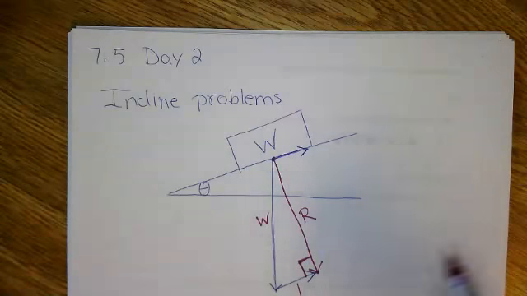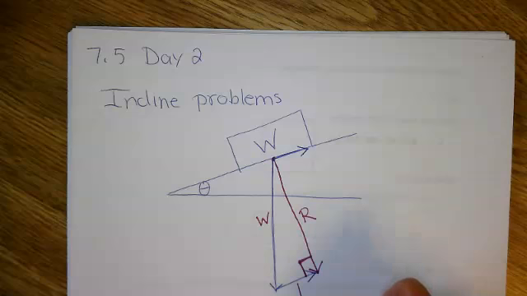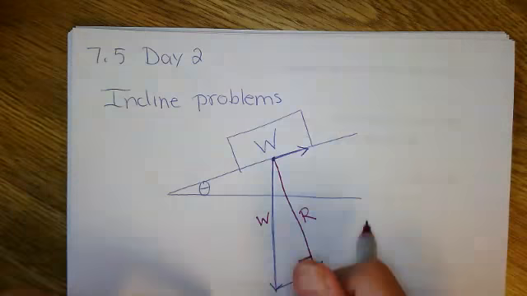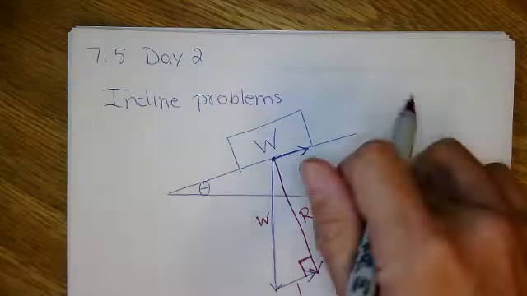You need that much friction. So gravity pulling the weight, equivalent to the weight, friction, and then resultant.